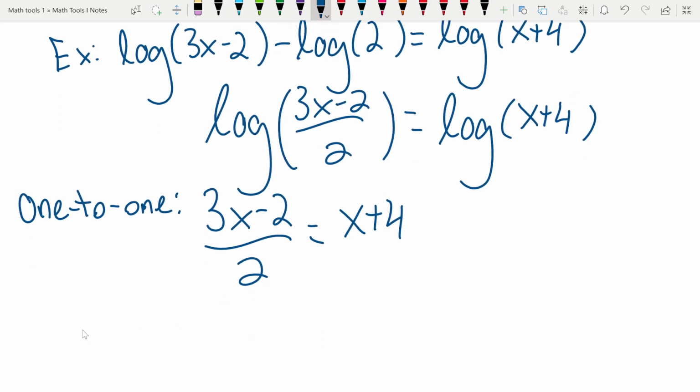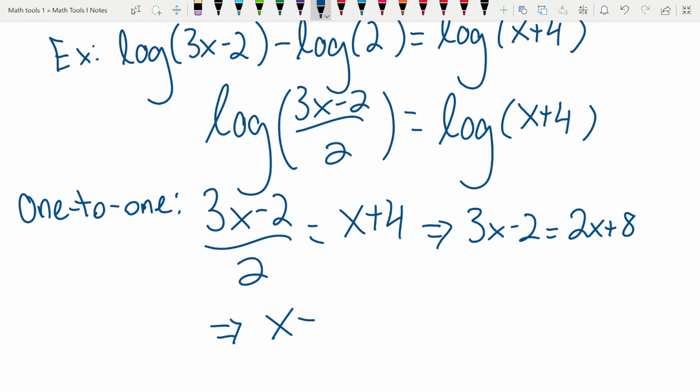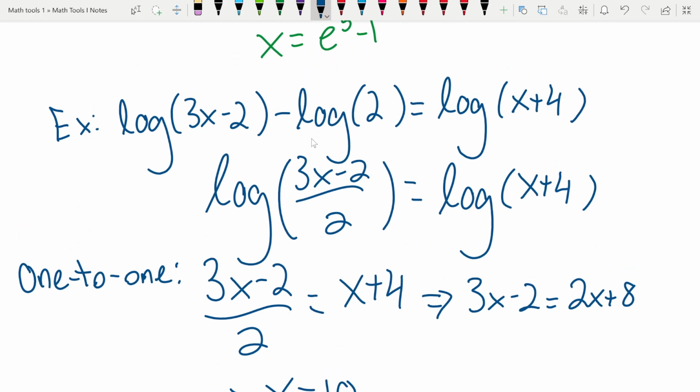Either way, we'll end up here, and then we get 3x minus 2 equals 2x plus 8, multiplying by 2 on both sides. Bring the 2x over, bring the negative 2 over, and we get x equals 10. Now remember, we need to plug that x equals 10 into the original equation.